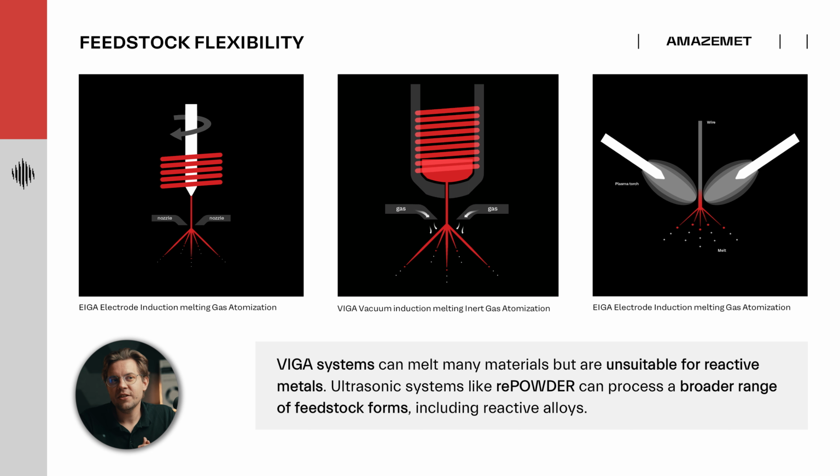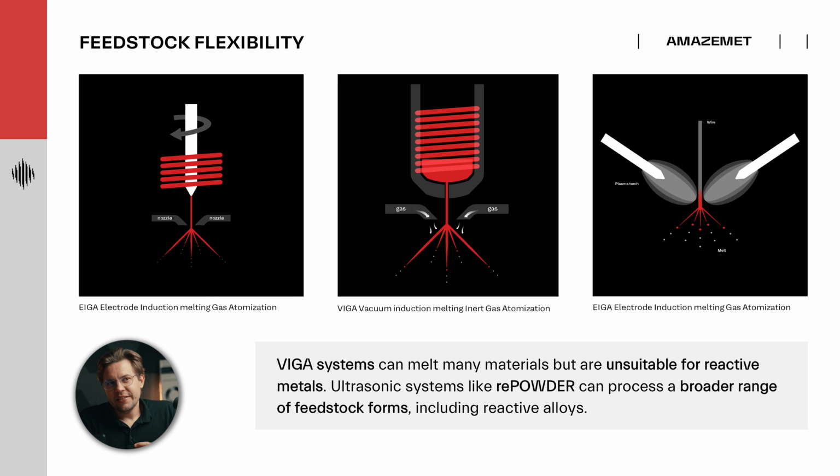Although VIGA is not suitable for materials such as titanium and other refractory or very reactive systems. To get the highest quality and to get even sprayed materials such as Ti64, it is required to use EIGA, which has certain limitations. One of those is what is the feedstock used for the process. We need to create a bar to get it sprayed, and creating such a bar is a challenge by itself.